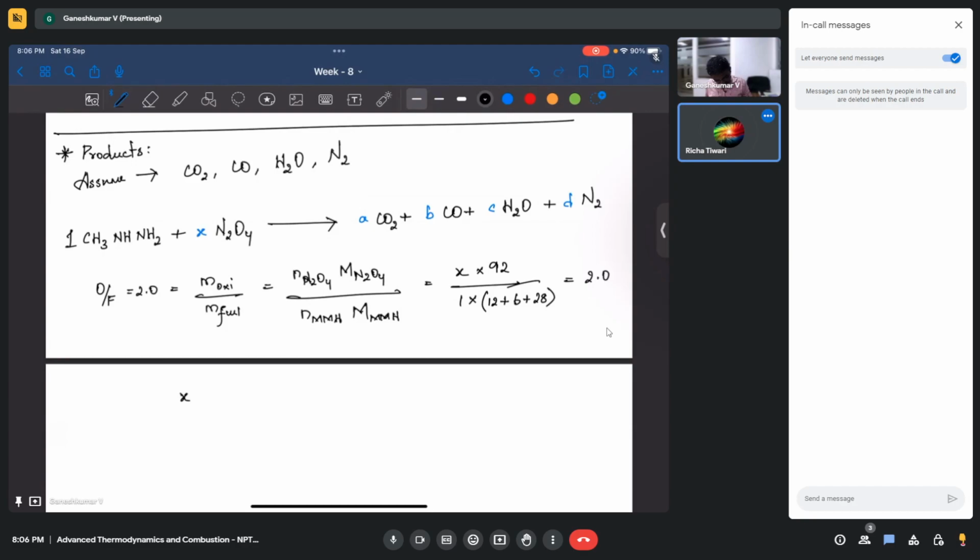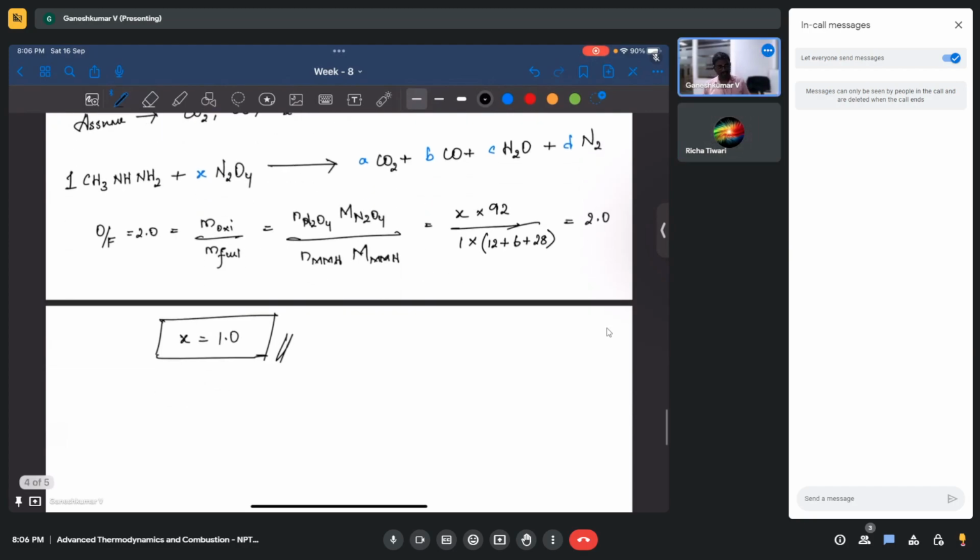So now x is going to come out to be, 92 by 46 is actually 2. So x probably will turn out to be 1, 46. Right? So we found x. Okay, x is done. Now we can simply do atom balance to find the others.